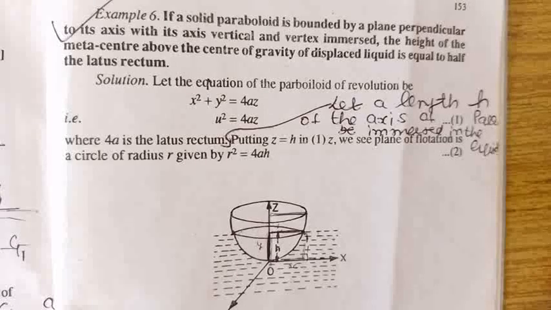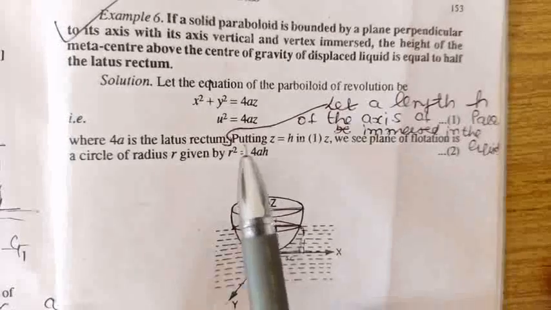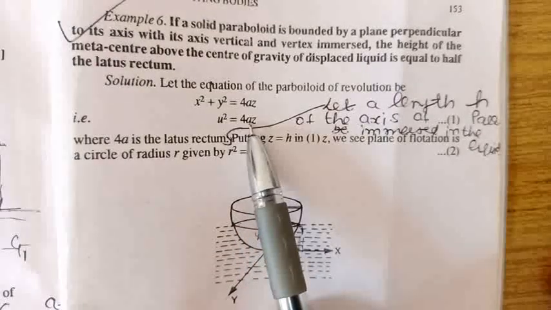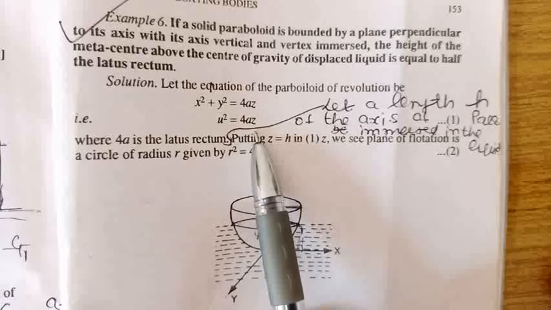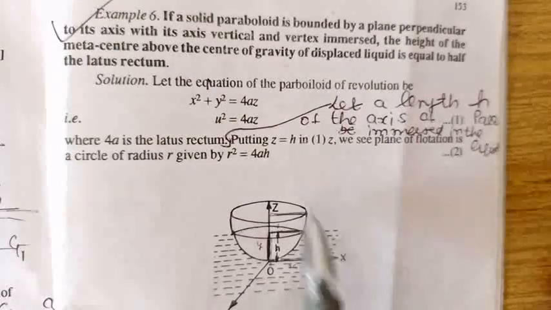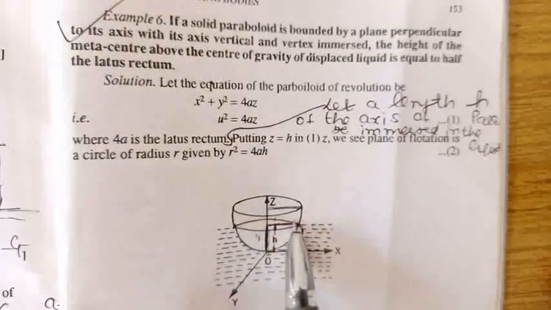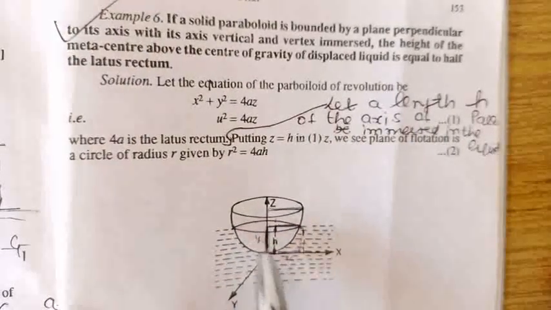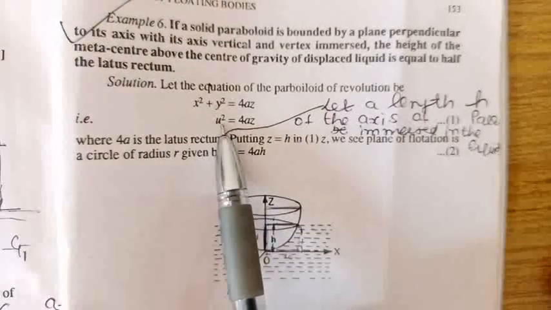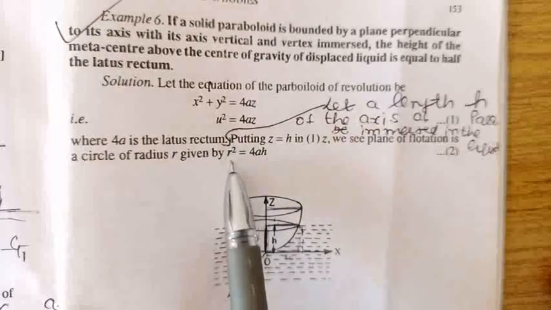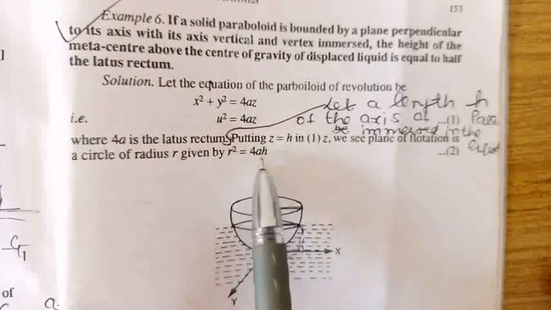Now let us put z is equal to h in this equation, so we can obtain the radius of the plane of flotation. This is the plane of flotation. If we take the radius of the plane of flotation to be r, then by putting z is equal to h and u is equal to r, we get r square is equal to 4ah.